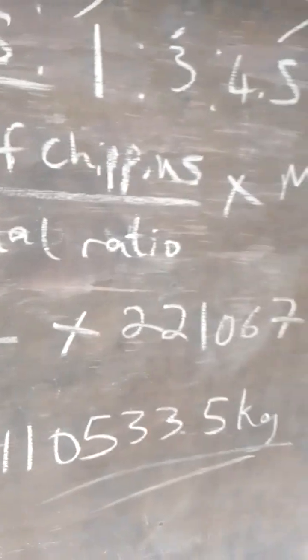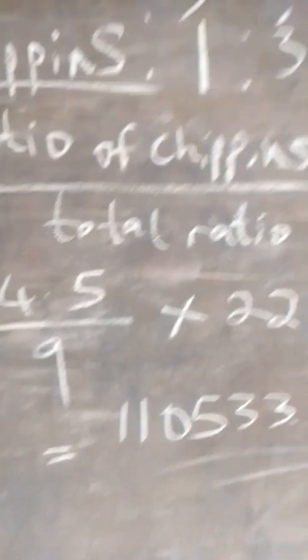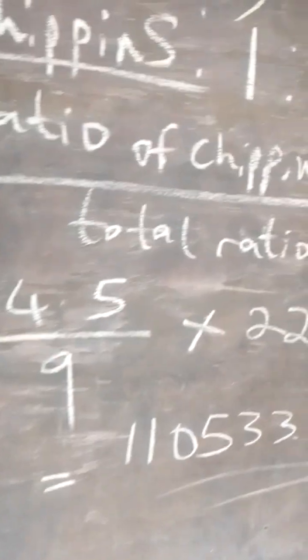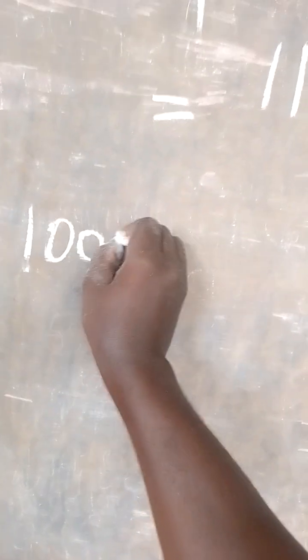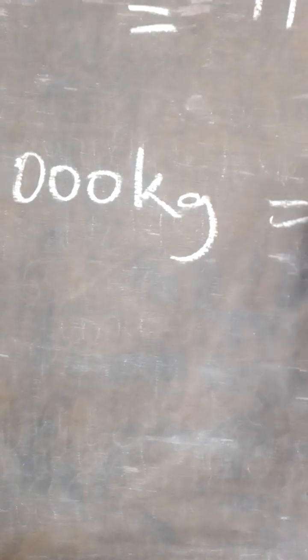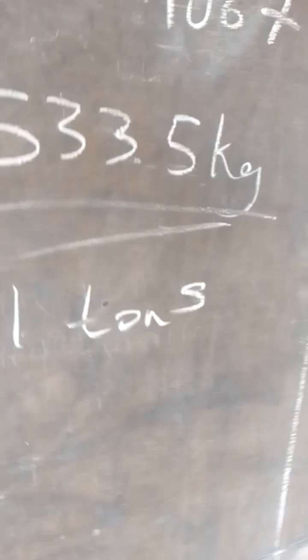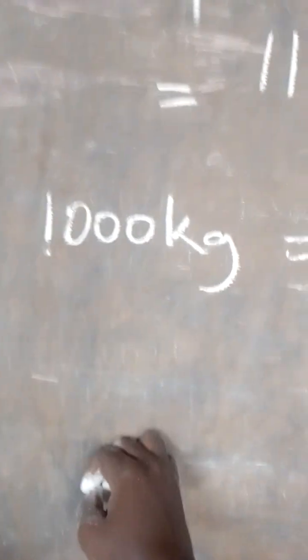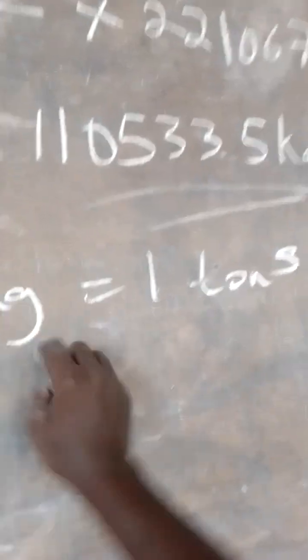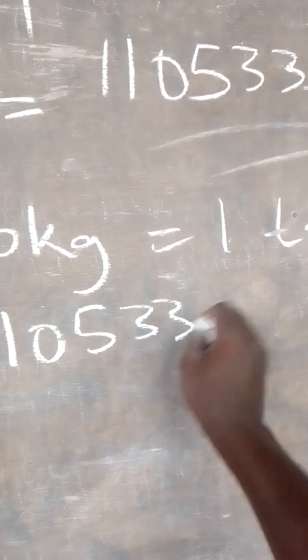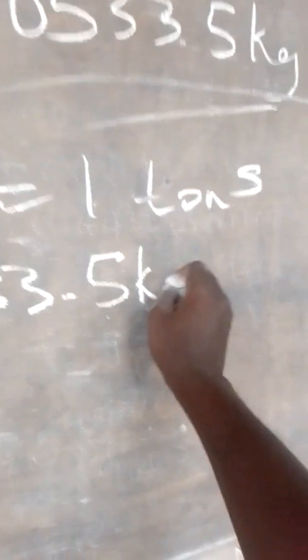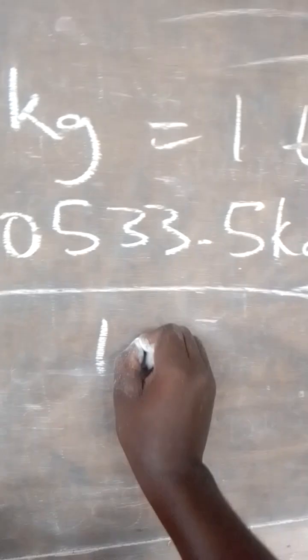But we need to convert it to tons to know the number of tons of chippings that we need. It's very simple to calculate. In our primary school, what did they teach us? It says 1,000 kilogram equals 1 ton. That's what we read in primary school. Now, converting it to tons, it means 110,533.5 kg divided by 1,000.